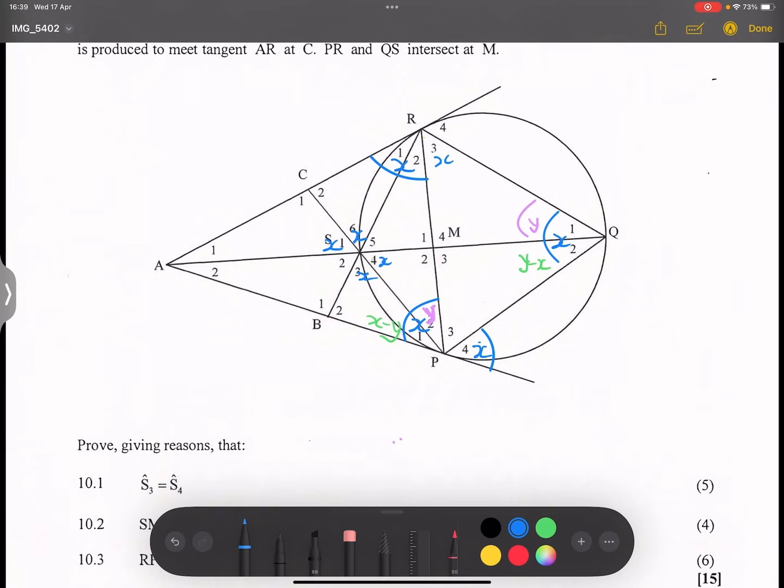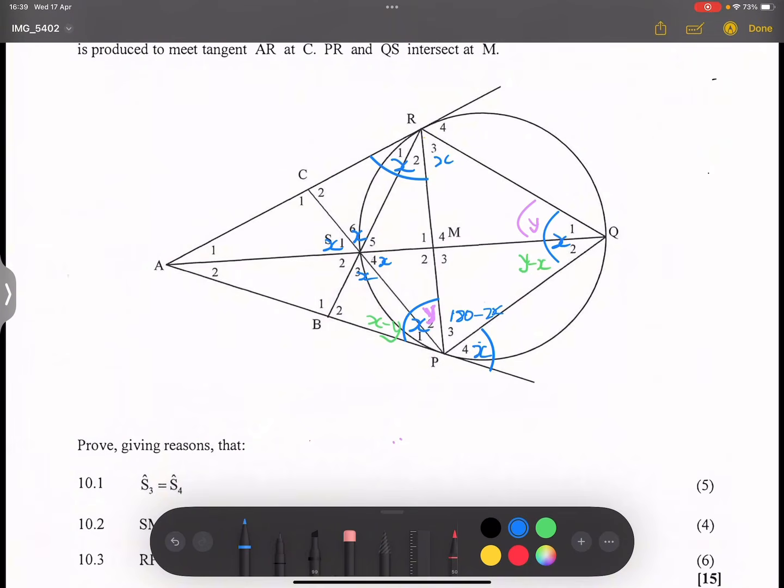So if I look at that entire triangle, look at this. I've got this angle equal to 180 minus 2x. I don't want to complicate it, but please just follow me in what I'm doing. So I've got that angle there, which is 180 minus 2x.